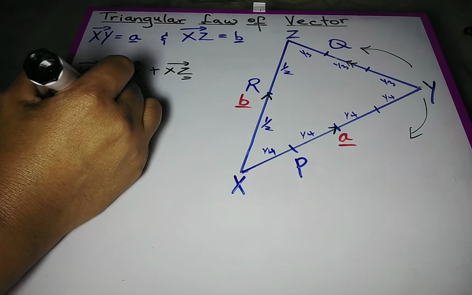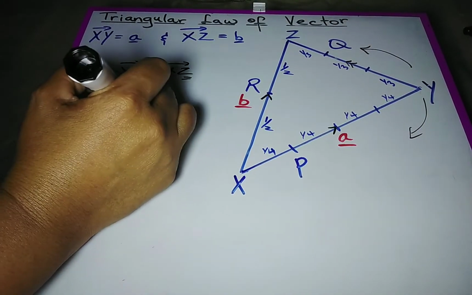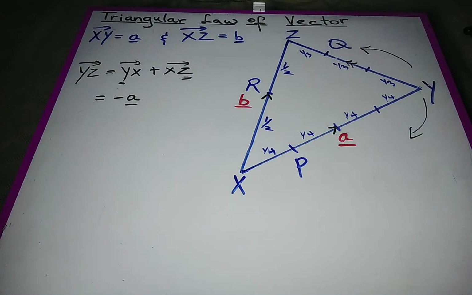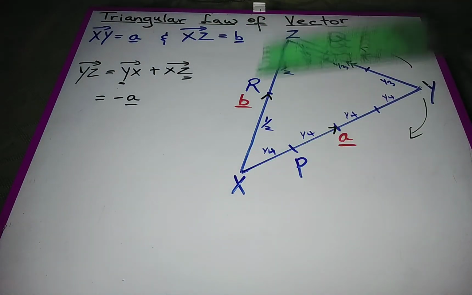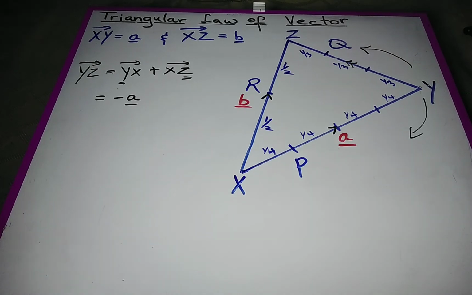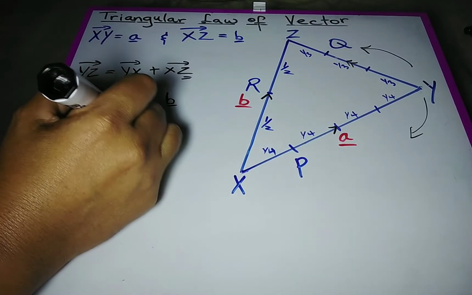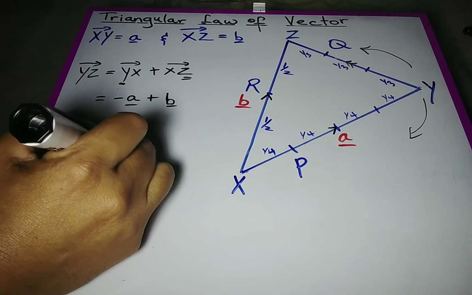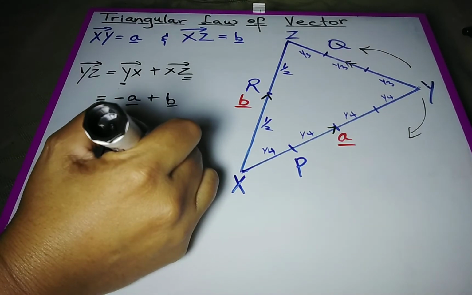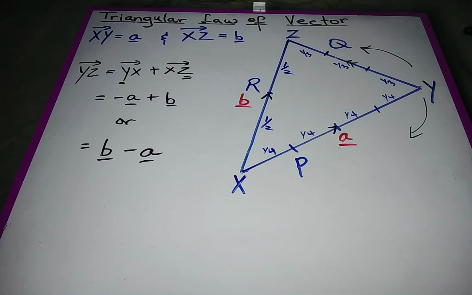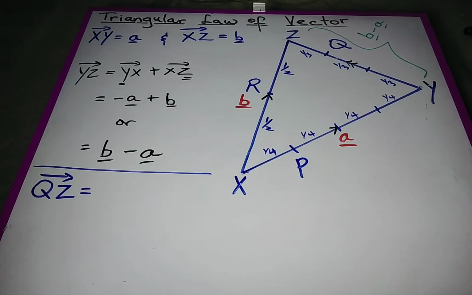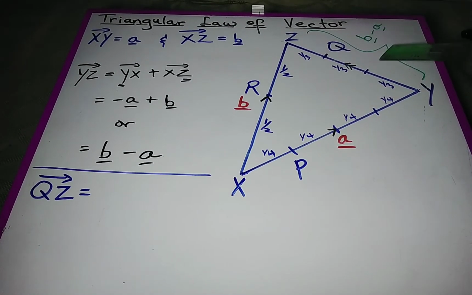So it's the inverse, minus A. And then what was given is XZ, so XZ is equal to B. So it's minus A plus B, or you could write it as B minus A. That's it. Easy cheesy. So I went ahead and wrote down the answer for vector YZ, it's B minus A.